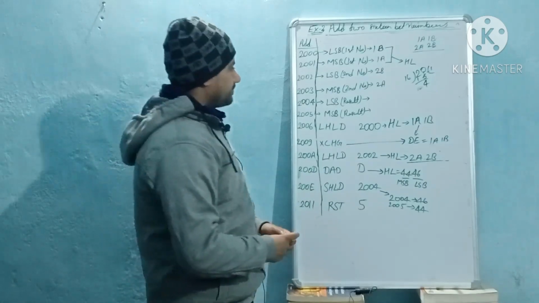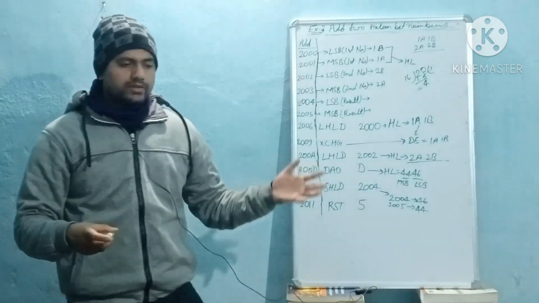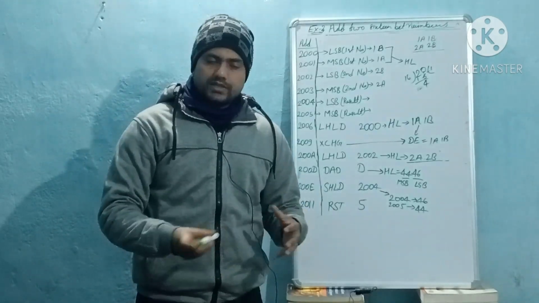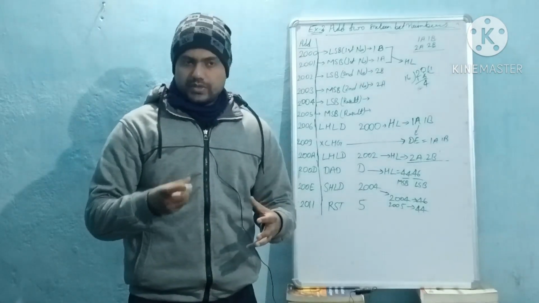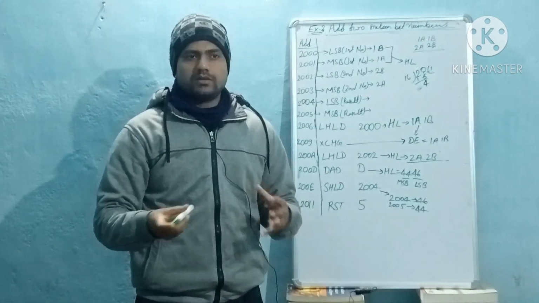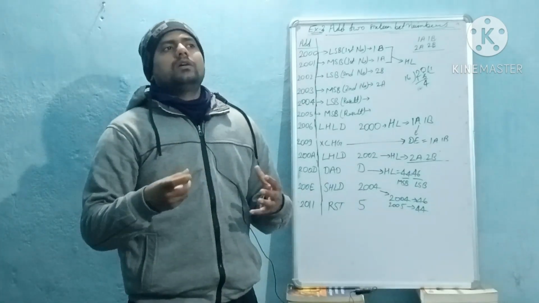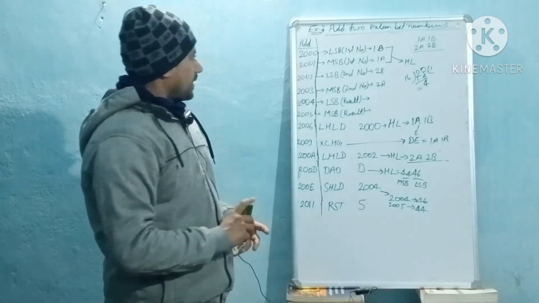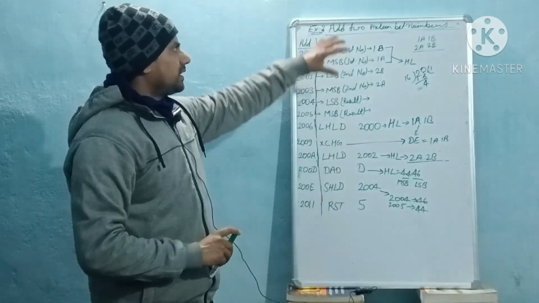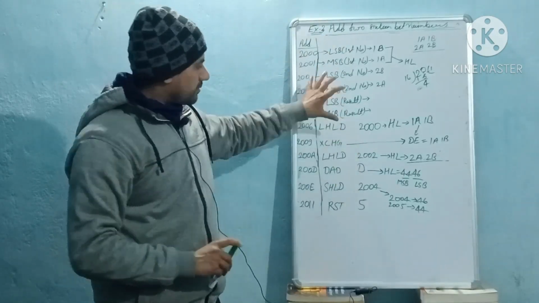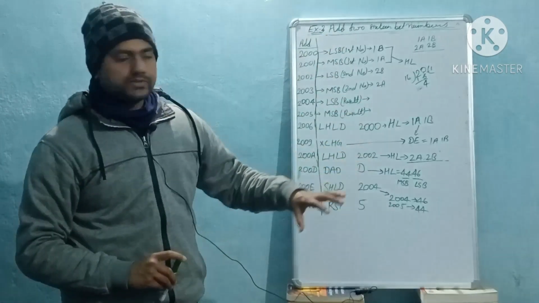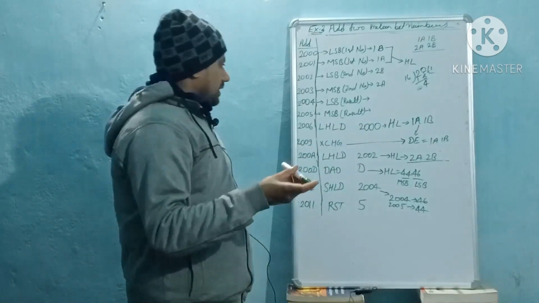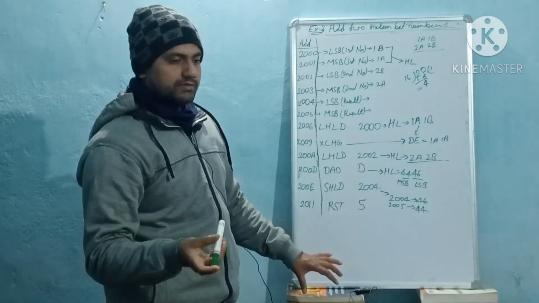Because an instruction is nothing but a kind of data saved at different memory locations, and when those data are processed by the processor, we say that instruction is being executed. So this is how we can write an assembly language program to add two 16-bit numbers for the 8085 microprocessor. This one is assembly language programming.